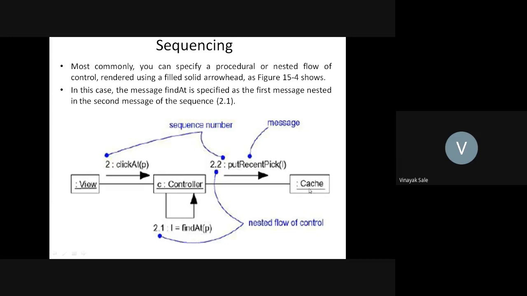You can draw any example, not only from these, you can take any example. Okay, so in this case the message find at is specified as nested in the first message. Find at is a nested message, calling itself again, whereas the second message is a sequence. This is the sequence message from view to controller, controller to cache.